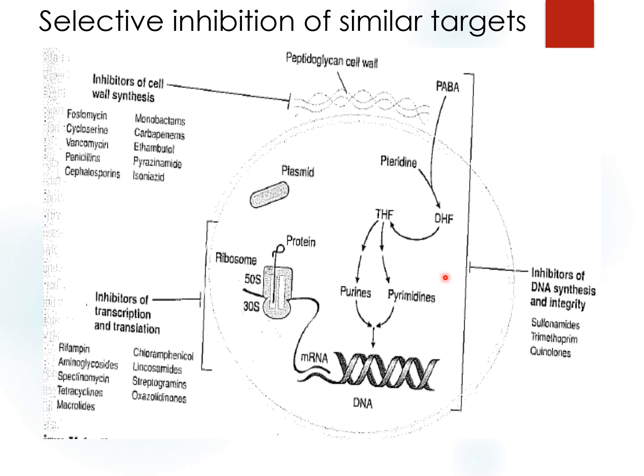We're going to start with the inhibitors of DNA synthesis and integrity. We will start after this introduction with the sulfonamides and trimethoprim, being inhibitors of DNA synthesis, and also we call them antifolates. And then we're going to move to quinolones, being inhibitors of DNA integrity, as you will see later.